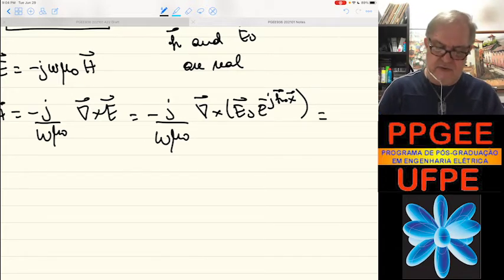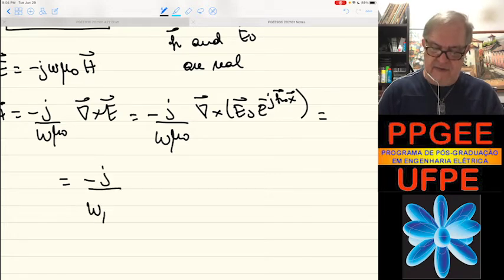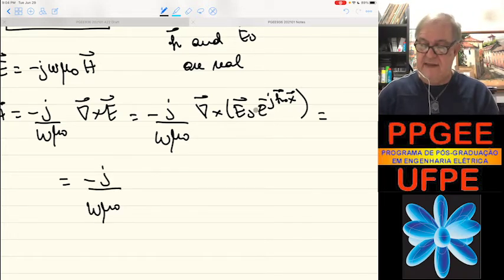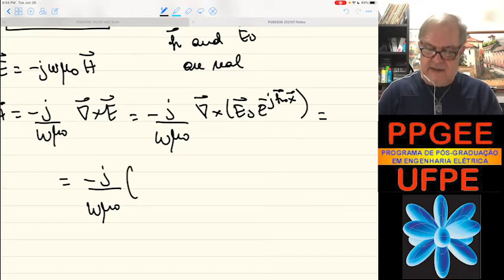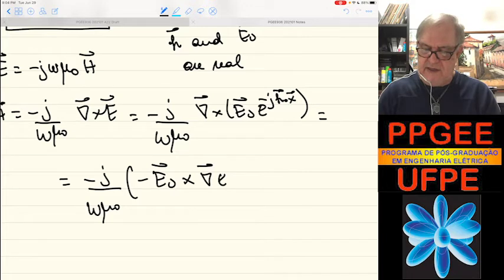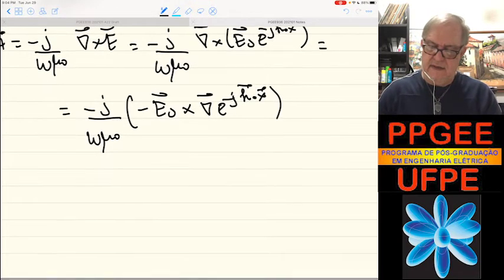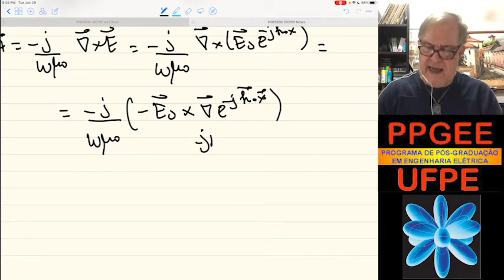There's a chain rule again, right? This is minus E0 cross gradient of exponential, which is minus jk exponential.